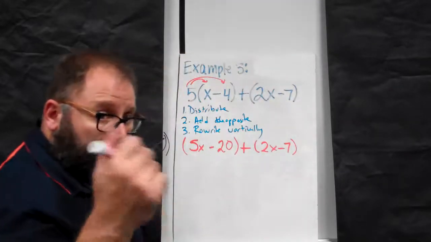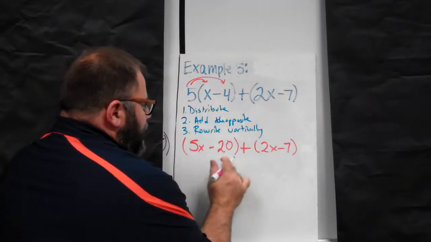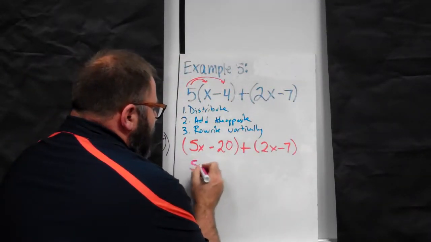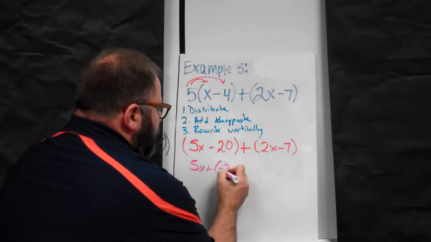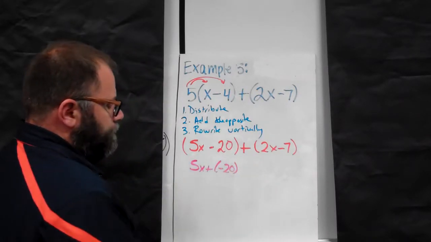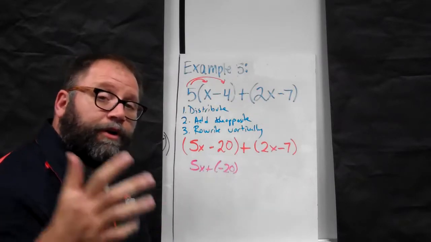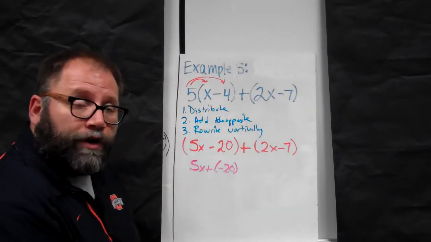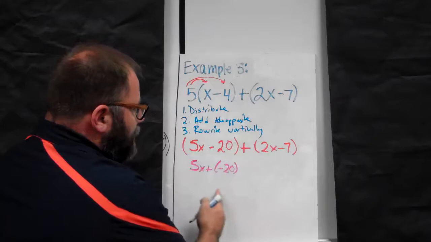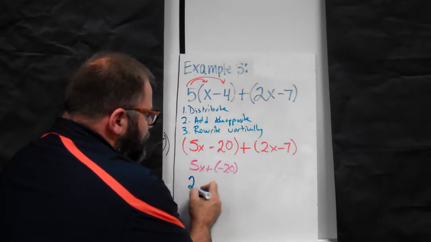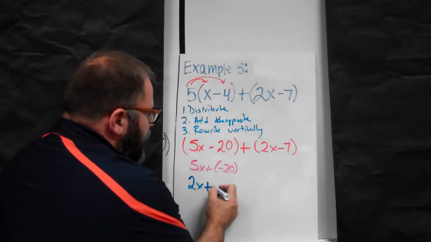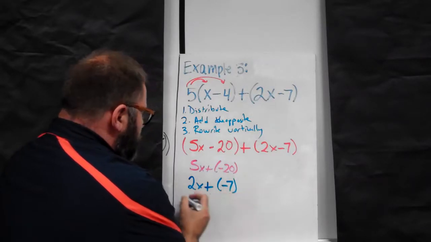Let's rewrite it. Start adding the opposite here. So then we have 5x plus a negative 20. And then I'm going to go right to writing it vertically. I'll bring this expression down here and make it 2x plus a negative 7.